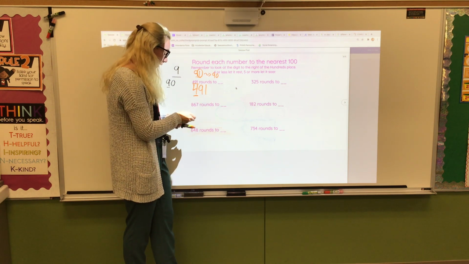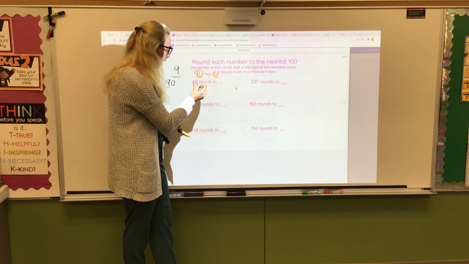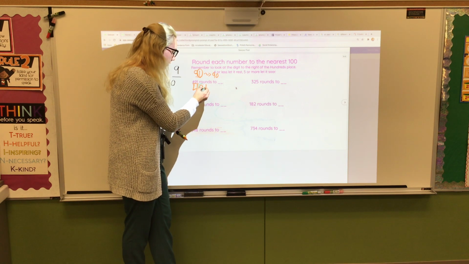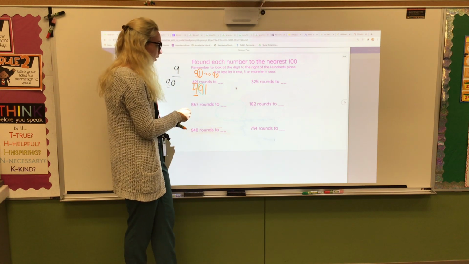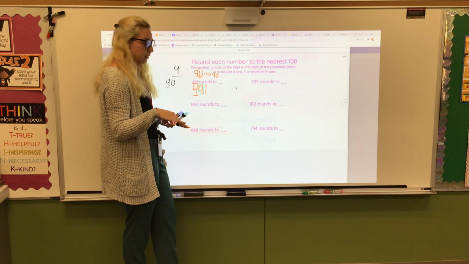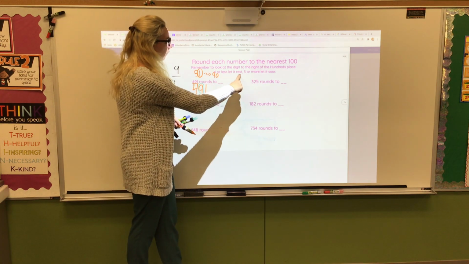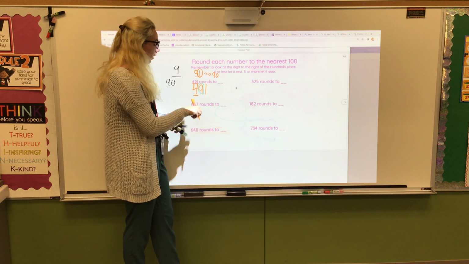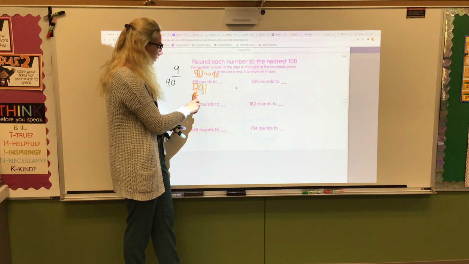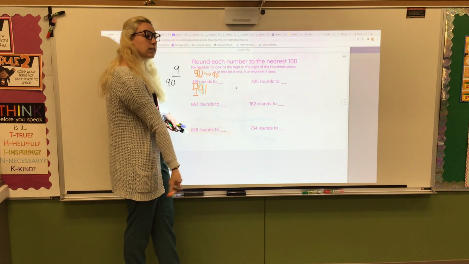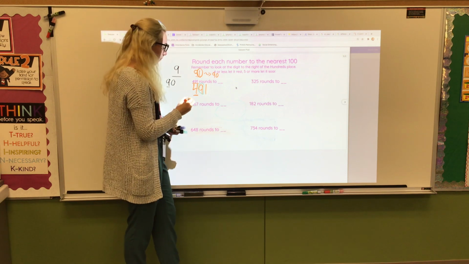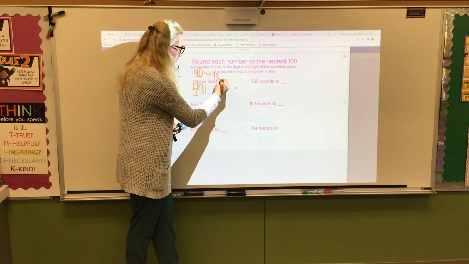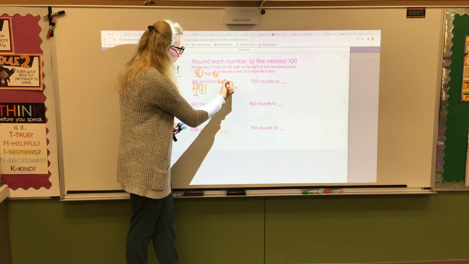Good, I'm going right next door, so I'm looking at this 9 here. And this 9 is going to tell me if I let it soar or if I let it rest. Well, 4 or less, let it rest. 5 or more, let it soar. What am I going to do? I'm going to let it soar, which means my 4 is not going to stay a 4. It's going to soar up and become a 5. So this answer is going to be 500.